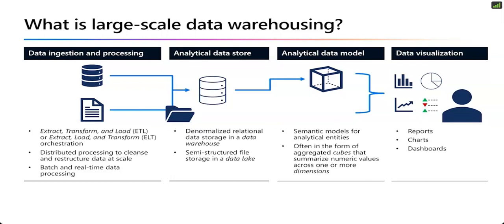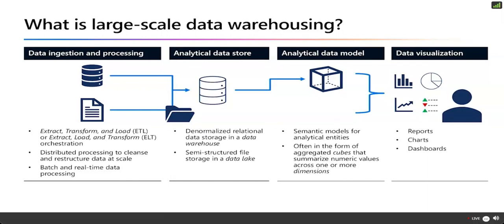The data processing is often performed by distributed systems that can process high volumes of data in parallel using multi-node clusters. Data ingestion includes both batch processing of static data and real-time processing of the streaming data. Then there is your analytical data store.